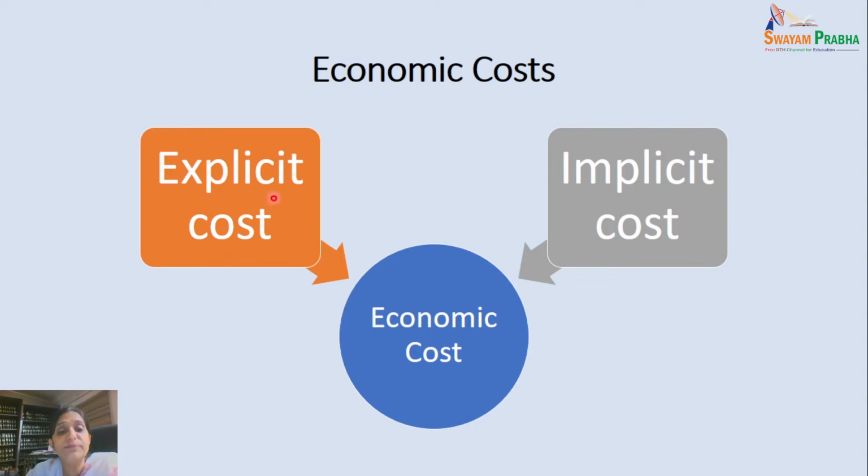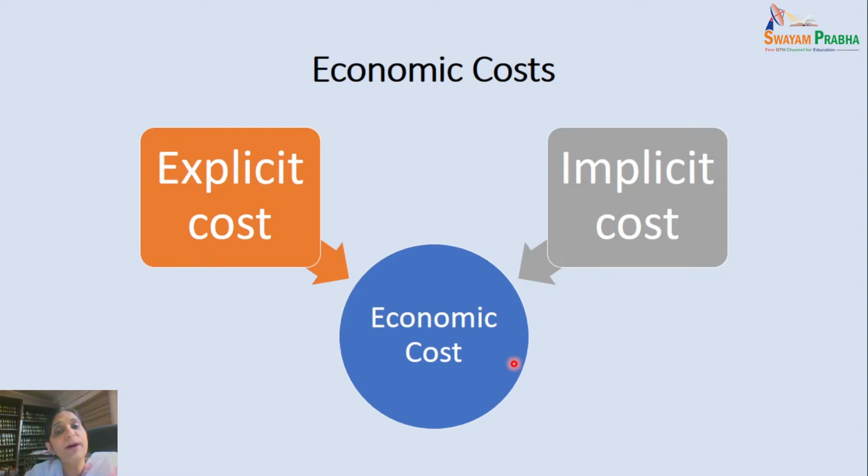Economic cost takes into consideration both the explicit cost and implicit cost, and it is that cost which is incurred so that the resources keep on doing this particular thing that they are doing and do not move to their next best alternative use. So it is this cost which is keeping them working for you. So that is what is called economic cost.